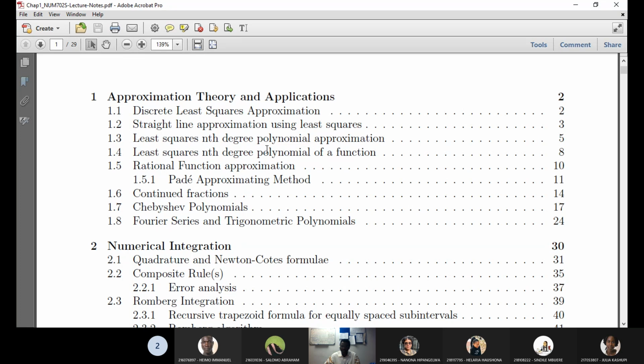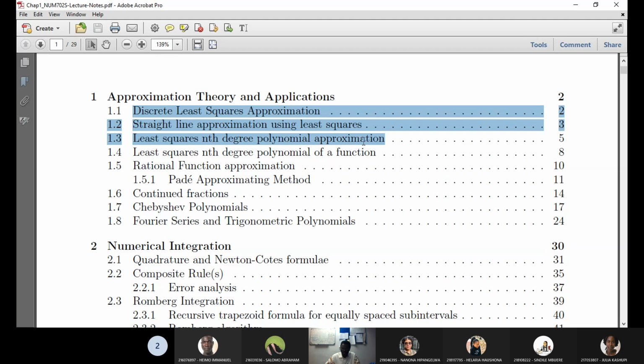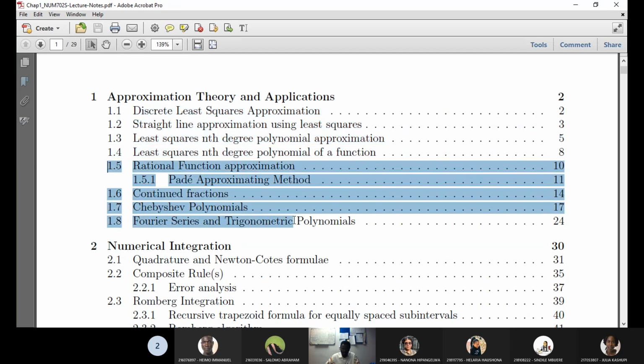We can use a polynomial of any degree to minimize the error. So that's the least square method. But where we will stress much in the approximation theory will be the rational function, because this least square method, you already know about it. That's why I will not spend too much time on the least square. But where I will spend much time will be here. 1.5, 1.6, 1.7, 1.8.